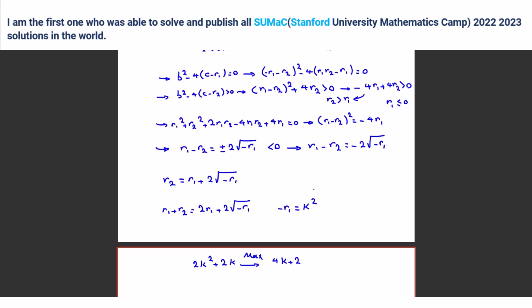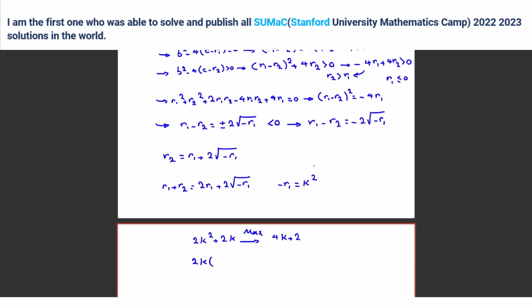Sorry, let me correct it. Negative R1 is k squared, so it's negative k squared plus 2k, right?